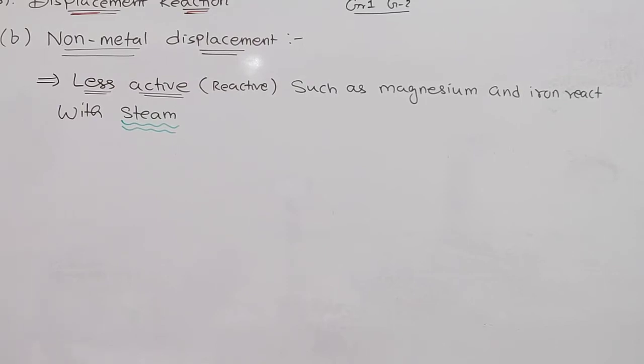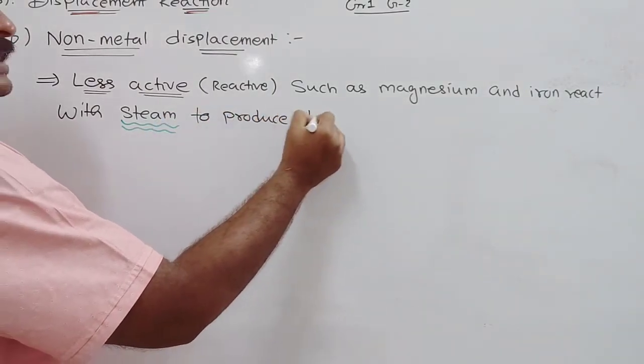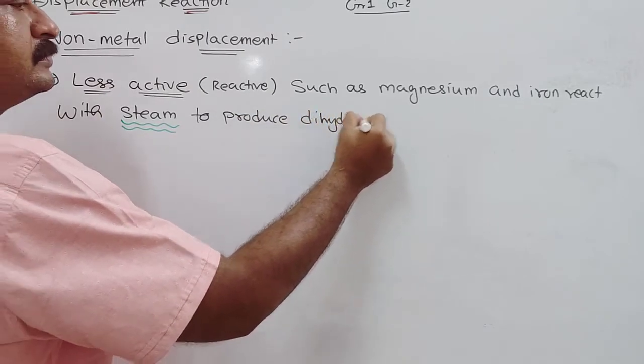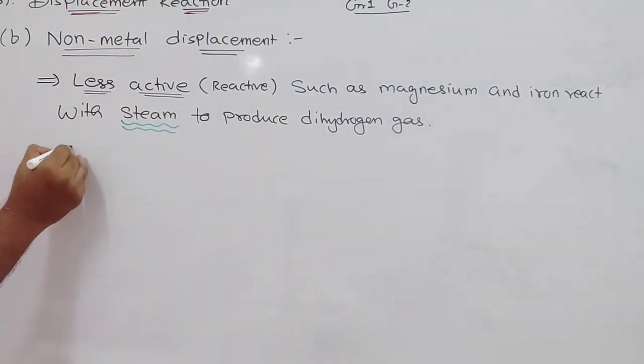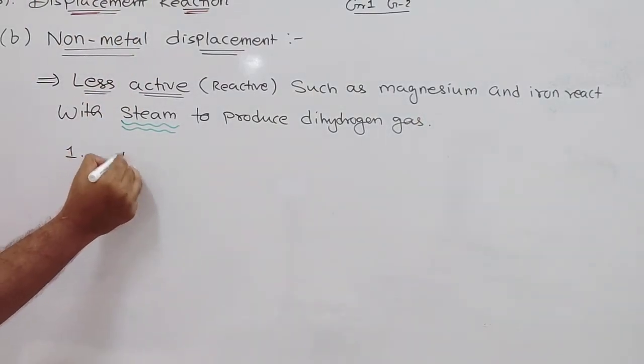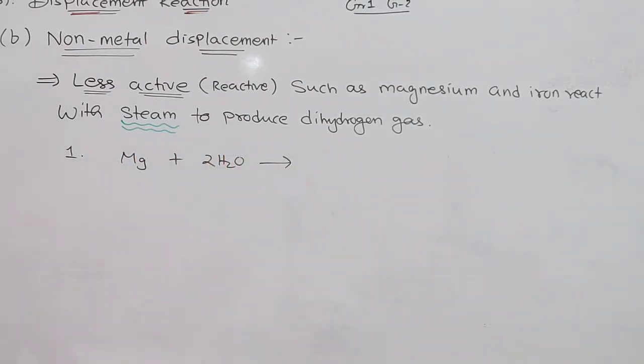So less active metals such as magnesium and iron react with steam to produce dihydrogen gas. Now an example is given for this also. You can see Mg plus 2H2O will give Mg(OH)2 plus H2.